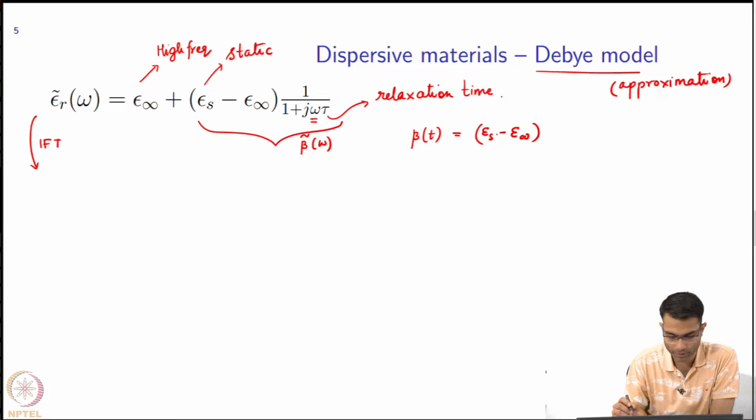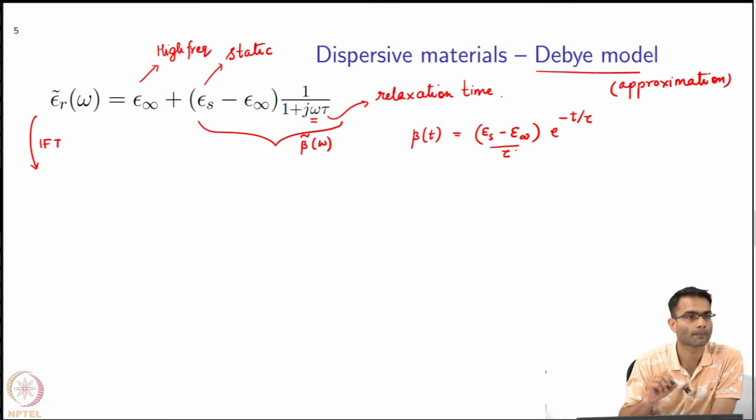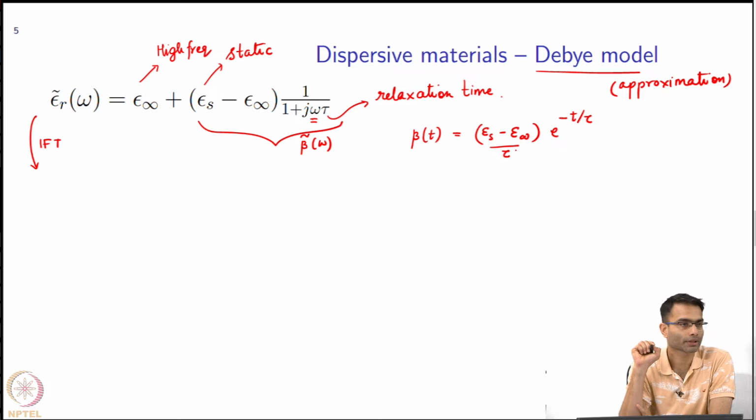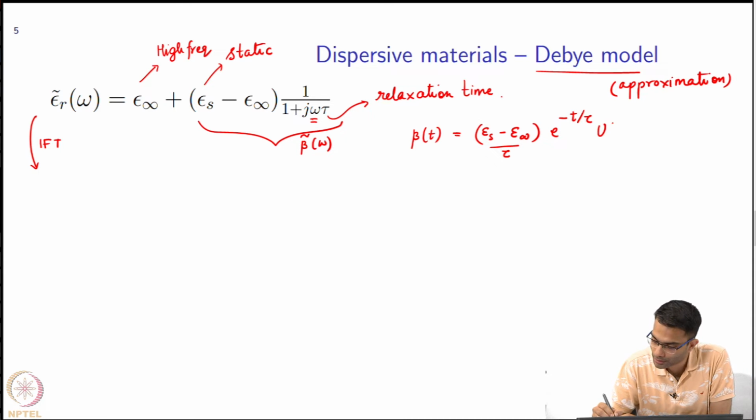I have e to the minus t by tau, divided by tau, because tau is in the denominator. And one more critical thing in beta t, I am missing one more term over here: the unit step.